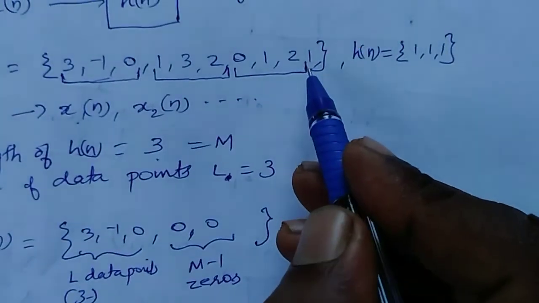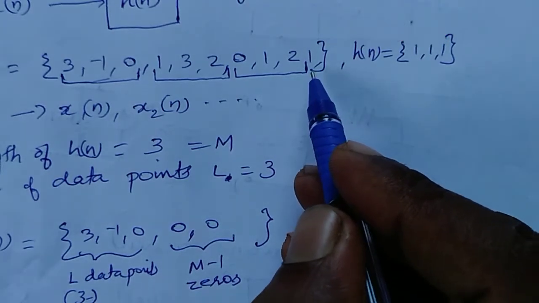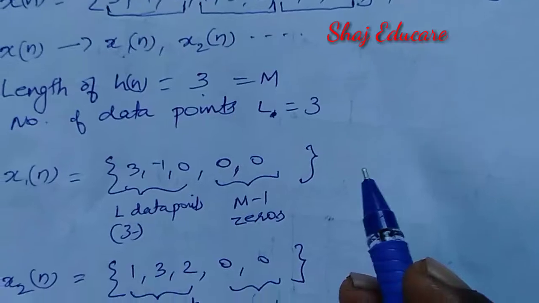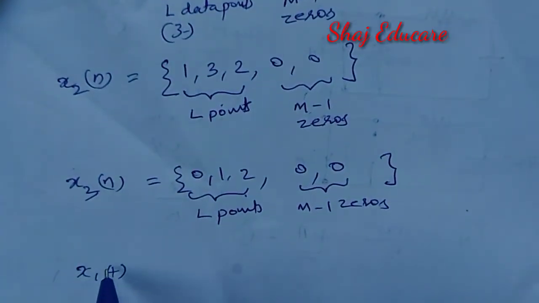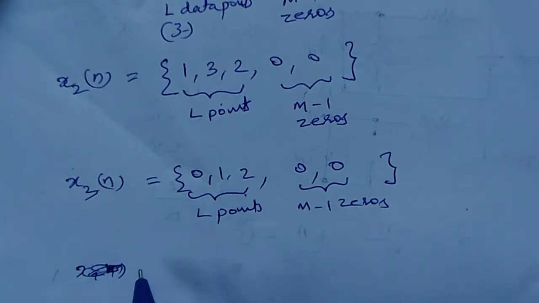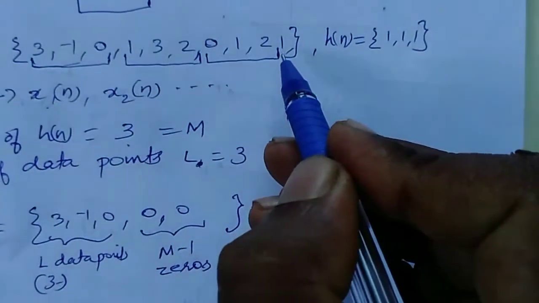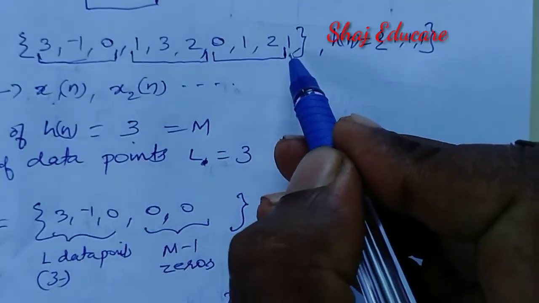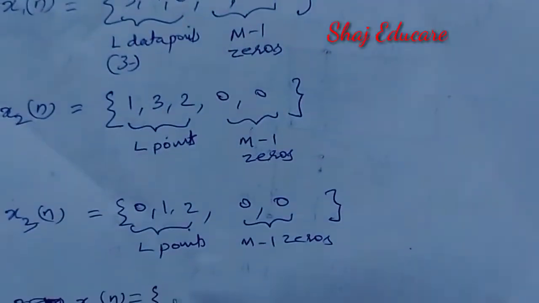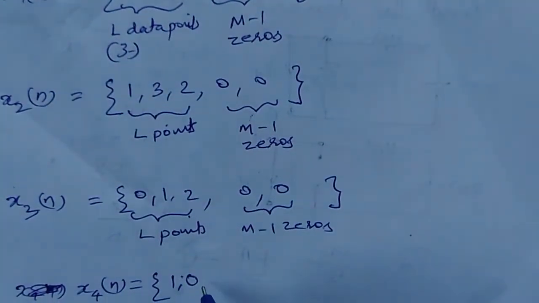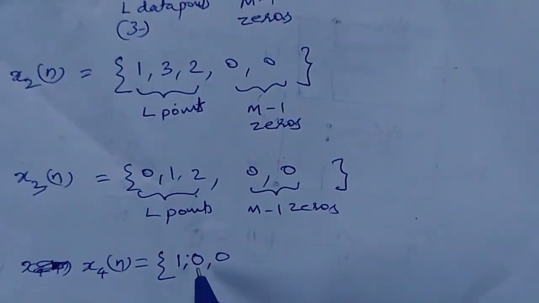Next we have one data element remaining, so we have to construct one more block, x4 of n, for which only one data element is available. The data length should be equal to 3, so in order to make the number of data points equal to 3, you have to put two zeros here.